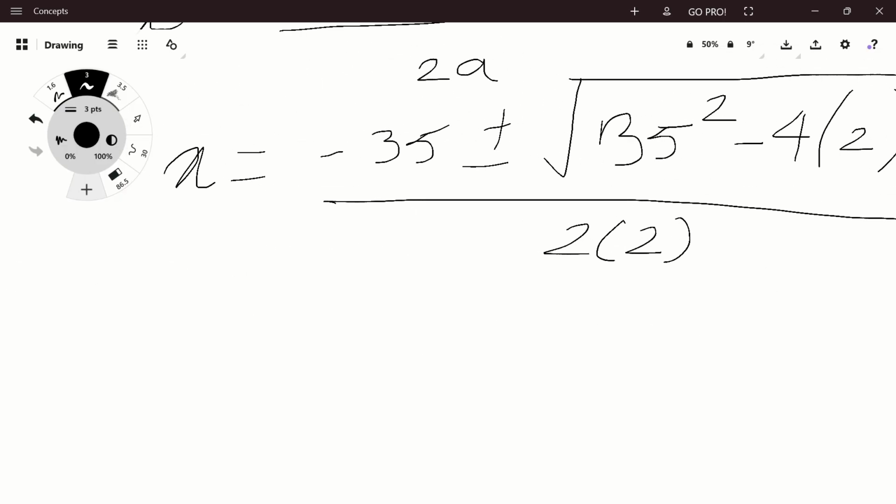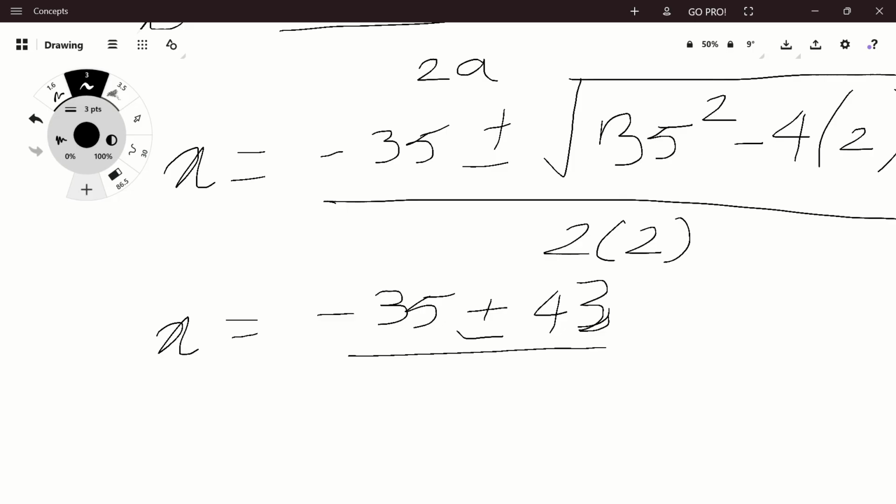Now solving for x, we come down to minus 35 plus minus 43 upon 4.